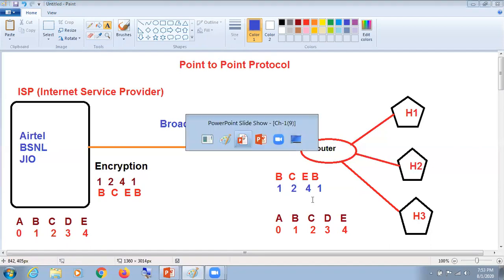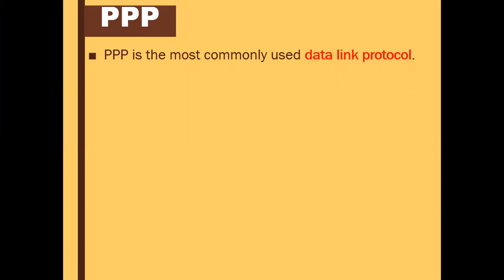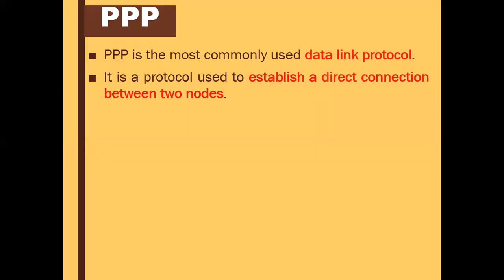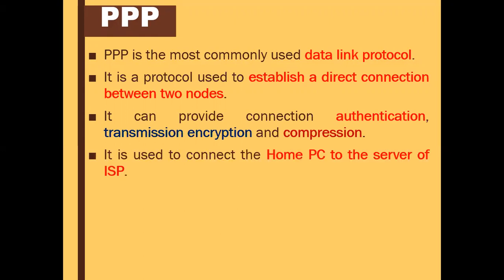Now again, I'm just going back, and now we are going to talk about some of the theoretical part. PPP is the most commonly used data link protocol. It is a protocol used to establish a direct connection between two nodes. It can provide connection authentication, authorization, transmission of encryption and compression.